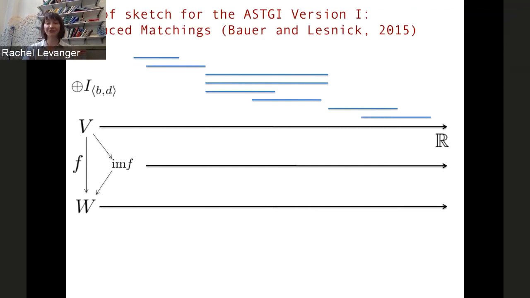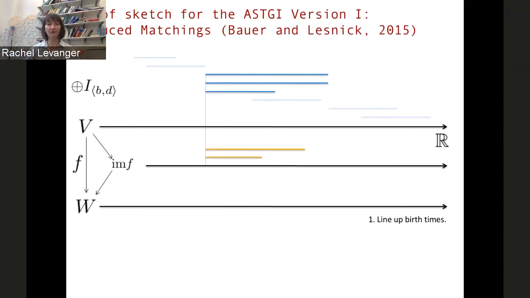The way this matching algorithm goes is you first isolate all the bars that have a particular birth time. So this algorithm proceeds birth time by birth time in your persistence module. So we line them up and we look at all the corresponding barcodes in the image of F that have that same birth time.